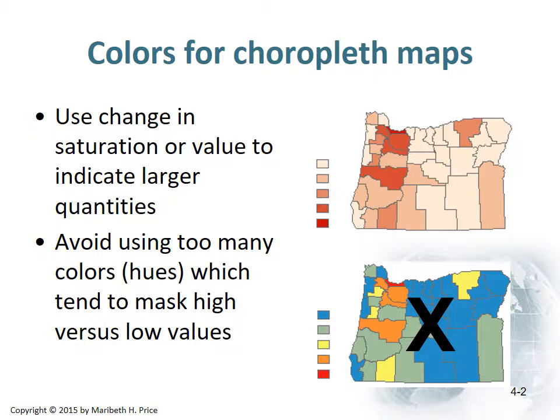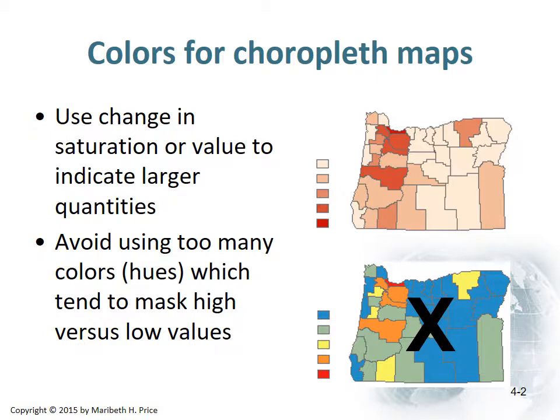So when you get quantitative data, by default, always be thinking about a single color ramp. Whatever color that is, there's not necessarily one color that works better than any other. There's some that may seem more appropriate to use, but as long as it's quantitative data, unlike temperature, temperature does have that nice middle point where you can say, sure, it makes sense to use blues and reds to indicate cold and warm.